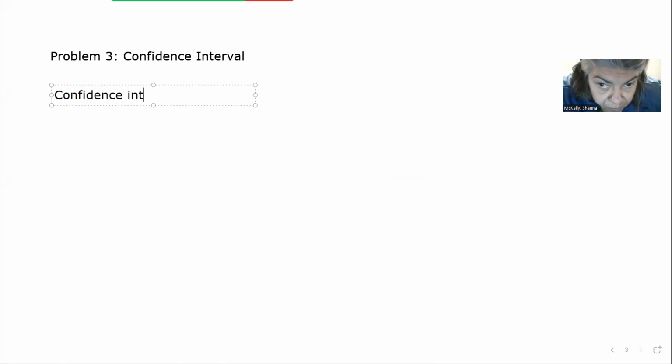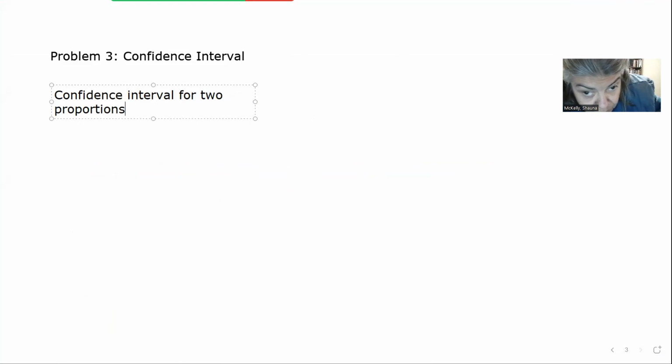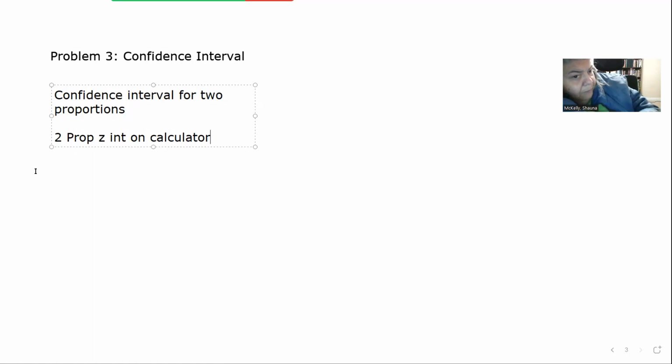This is a confidence interval for two proportions. And so this is going to involve the command two-prop Z interval on the calculator, okay? Which means we're going to need to bring forward those elements of our data.